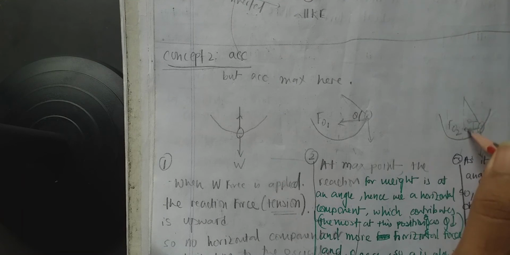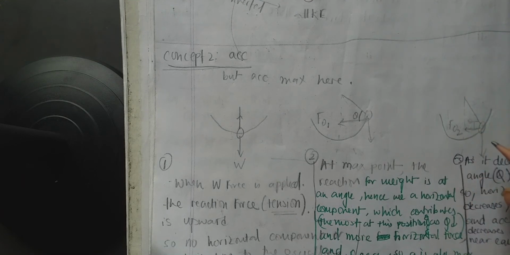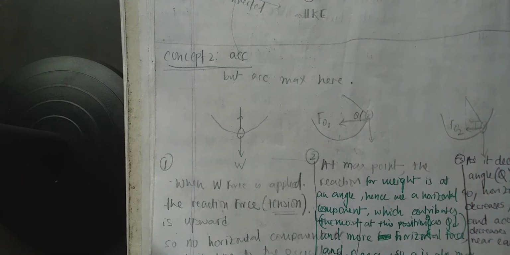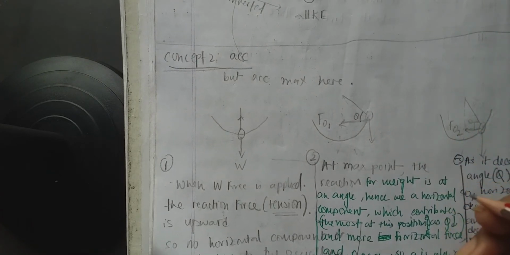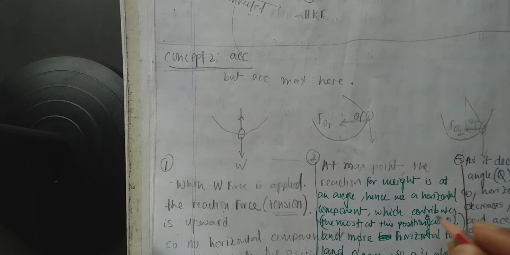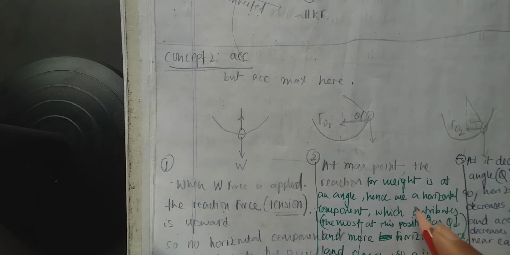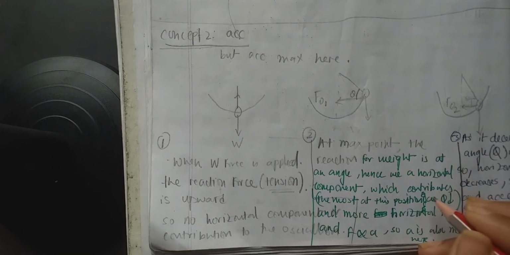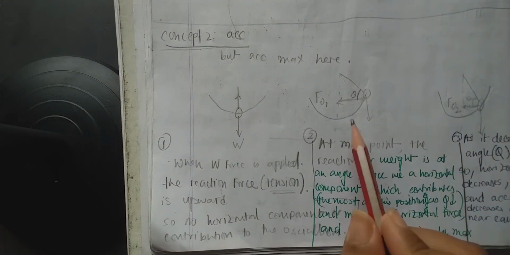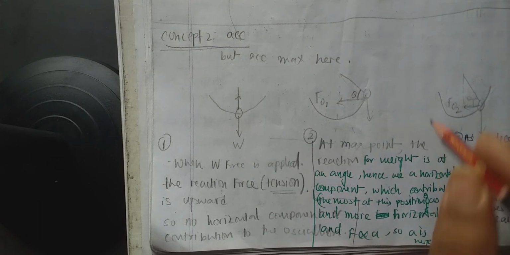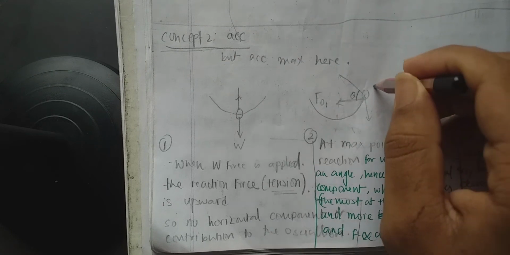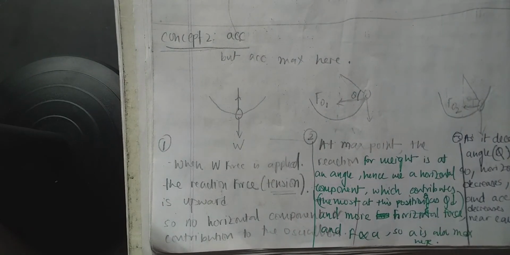As the theta increases, if you plug into the equation, the horizontal component will decrease. So we get a horizontal component which contributes to the maximum acceleration, and hence there is the maximum horizontal force at the maximum displacement.